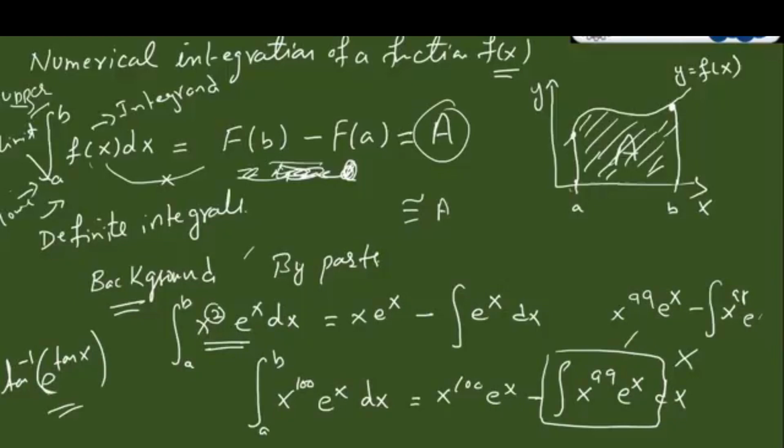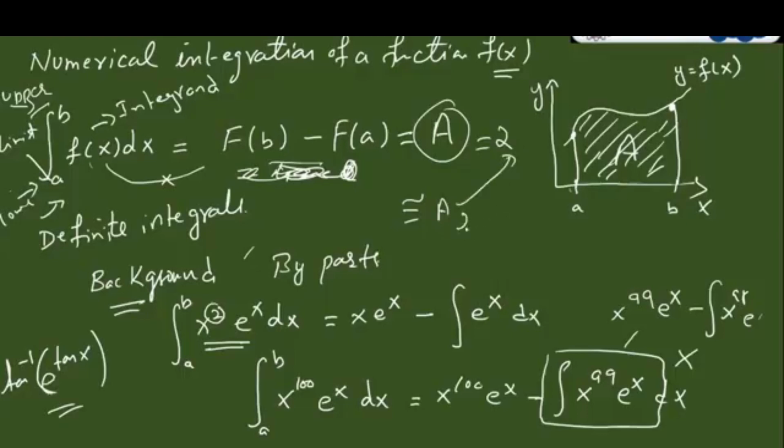What does close to mean here? I am repeating it many times. For example, the exact answer is 2. It does not mean that the approximate answer is 2000 or minus 200. No, approximate means it has to be very close to 2 as well.